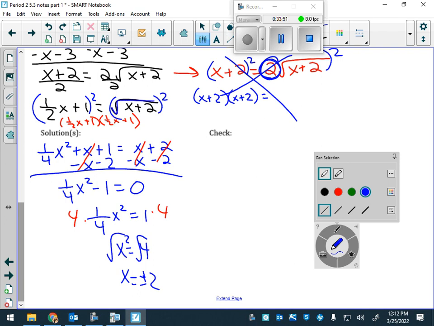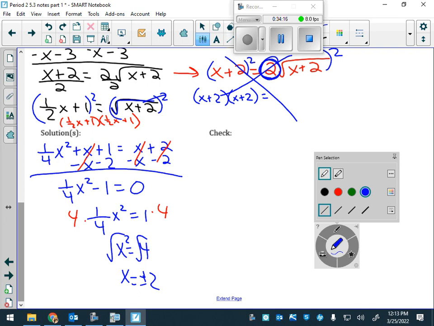When you square this side, the radical disappears. So then you have x plus 2. So when you FOIL it out, because it's 1/2 x plus 1 squared, 1/2 times 1/2 is 1/4 x squared, right? Then the middle terms are 1/2 x plus 1/2 x to give you x.